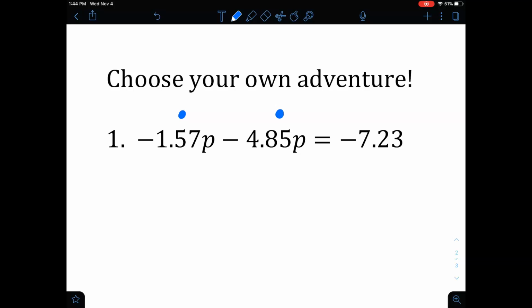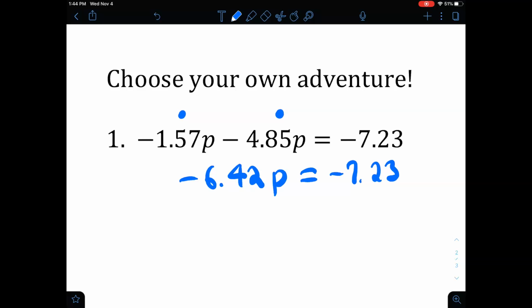Those are like terms. When we add the numbers in front, negative 1.57 minus 4.85, we are going to get negative 6.42p equals negative 7.23. Okay, we just add the numbers in front. Negative 1.57 minus 4.85 is negative 6.42. Any other like terms? Nope.